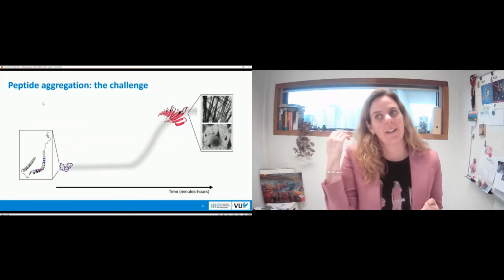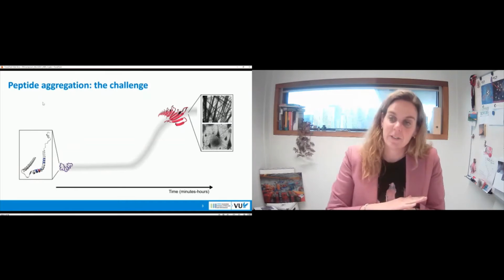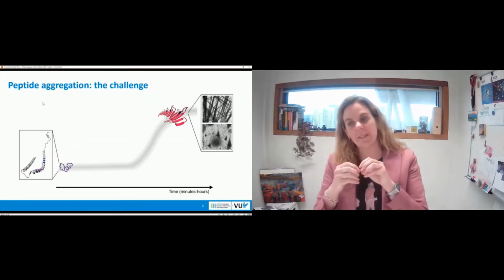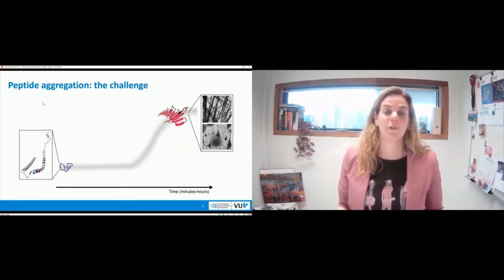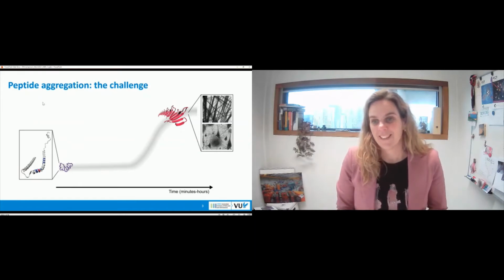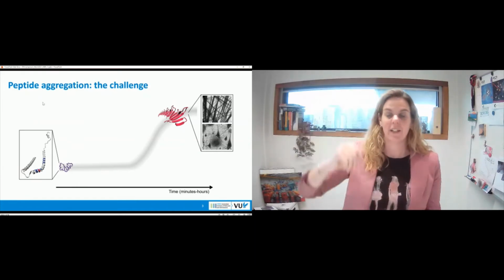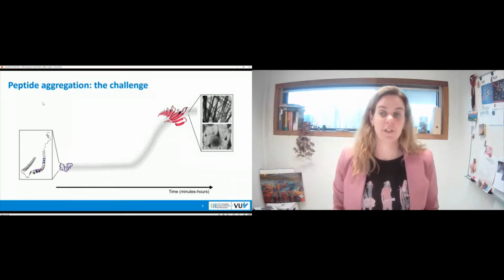So they are investigated by imaging techniques where slices of brains are studied, or by microscopy techniques where you really see this long fibrils, so this long range of peptides, proteins stacked together in this ladder-like structure. So on both sides of the process, a lot is known.